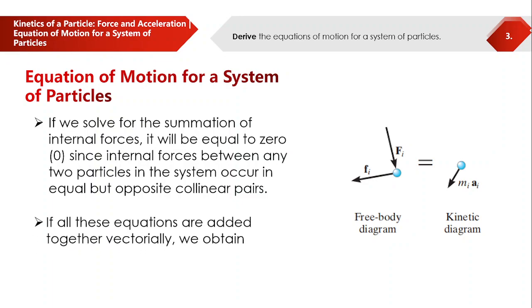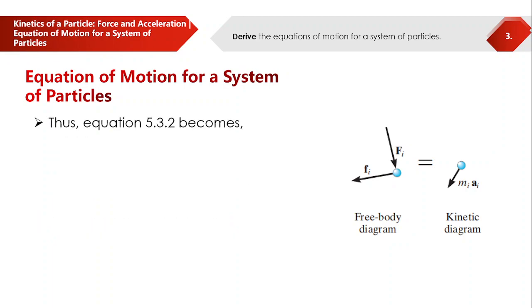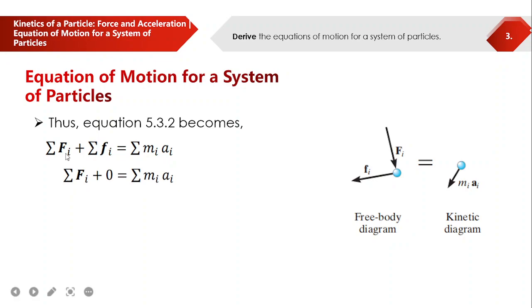So if all these equations are added together vectorially, we obtain this equation 5.3.2 becomes this one. Kasi nga, we did mention na walang internal forces sa buong system natin. Sa buong system pinag-uusapan natin dito class.